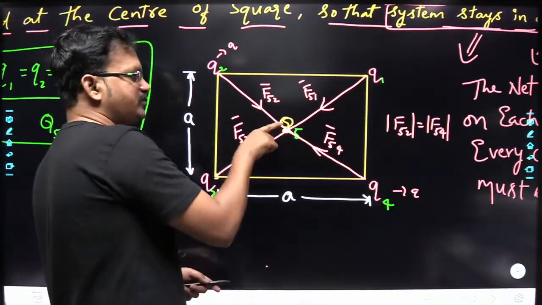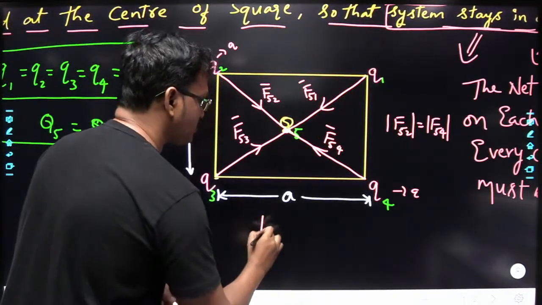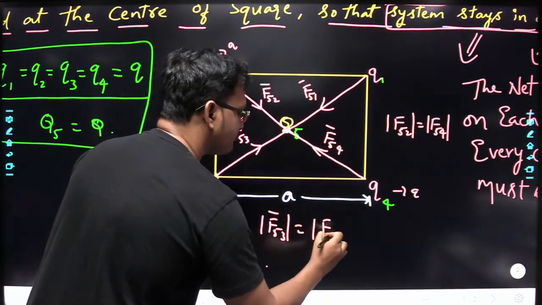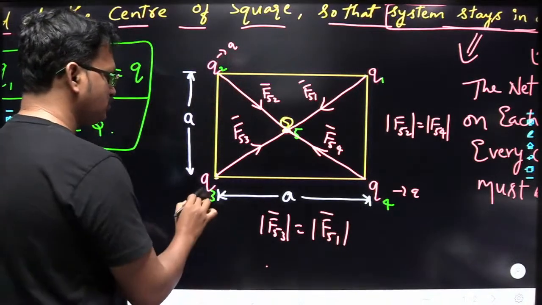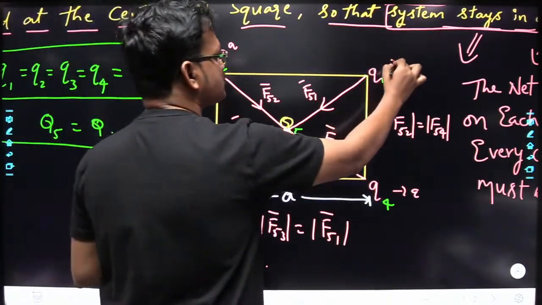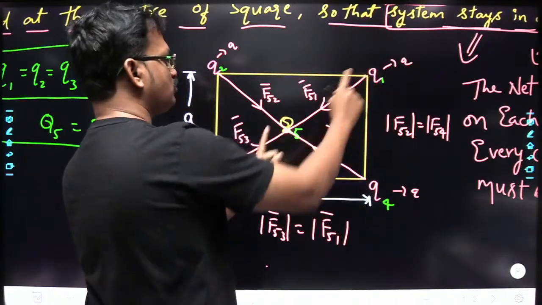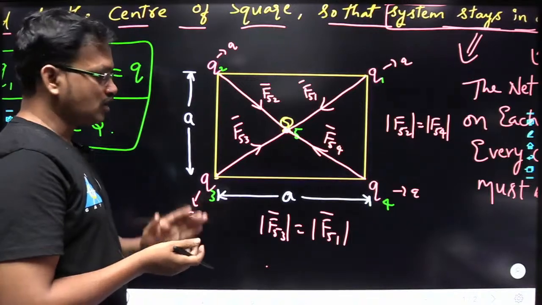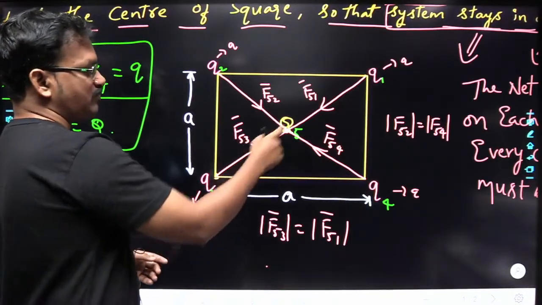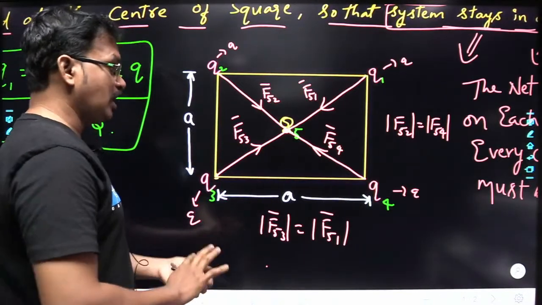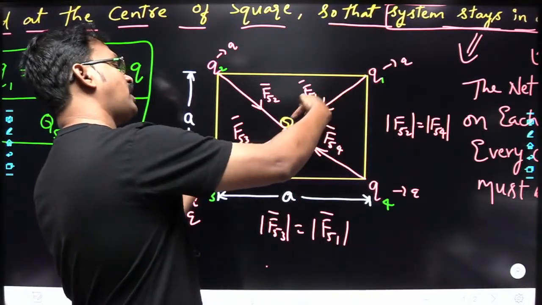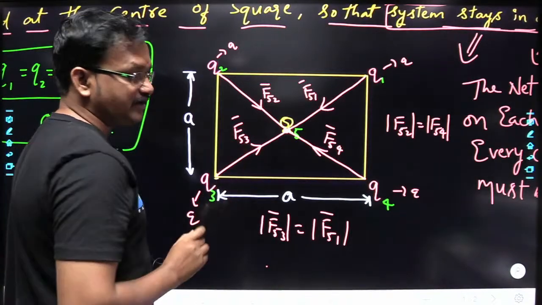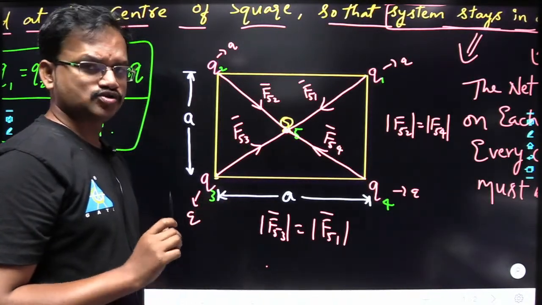If you observe F53 and F51, the magnitude of F53 will be the same as the magnitude of F51, because Q3 value is Q, Q1 value is Q, and the distance from Q5 to Q1 and from Q3 to Q5 is the same. These two forces are also acting exactly opposite to one another, and hence the net force exactly at this center will become equal to 0.